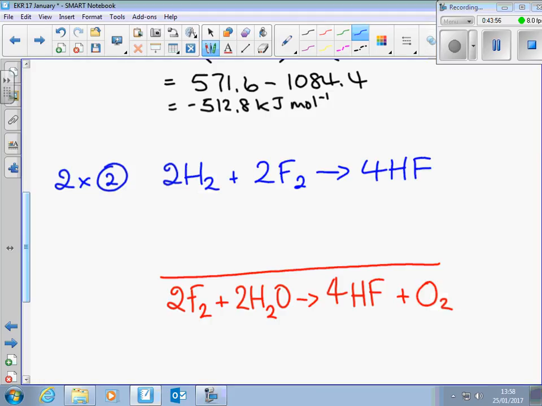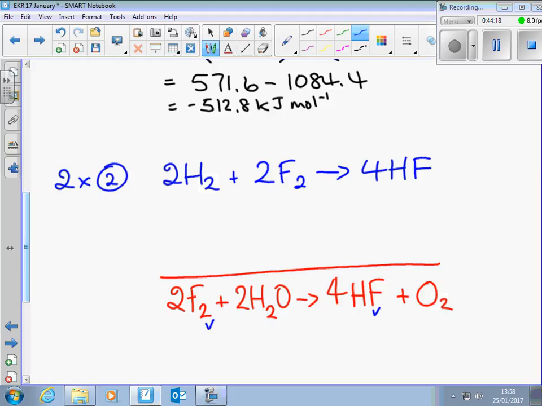At that point, we've got that. We've also got that, in a way, but we might not get there immediately. I'm probably going to have a third line in here to cancel some things out. So just doubling that is a good start.